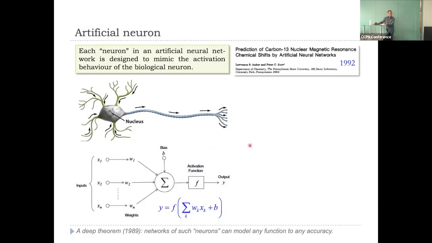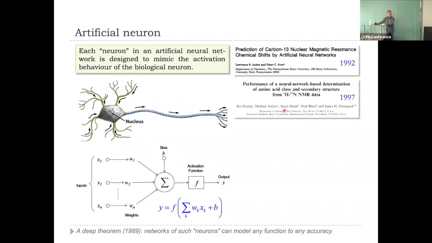Okay, so this is not new. Machine learning has been around in NMR since the early 90s. There have been proposals to do nuclear chemical shift prediction in 1992. Our very own Jim Prestegard, NMR spectroscopists would know who that is, in 1997 tried quite successfully applying neural networks to structure determination for secondary structure from some NMR data.